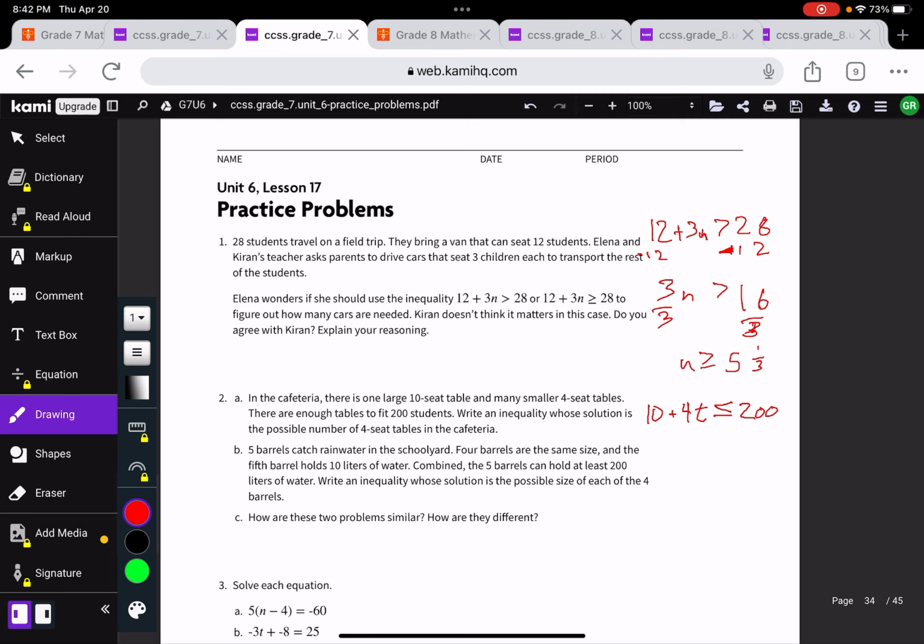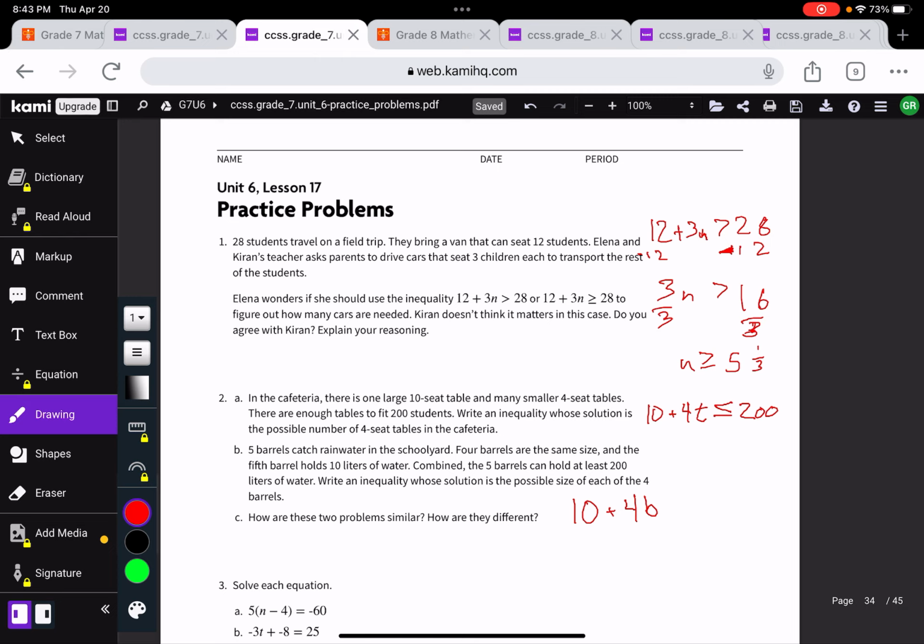So this is kind of similar to the last one. Oh, question C says, how are these 2 problems similar? How are they different? I've got 10 liters in the 5th barrel, and there are 4 that we don't know how much they hold, plus 4 times however many liters.